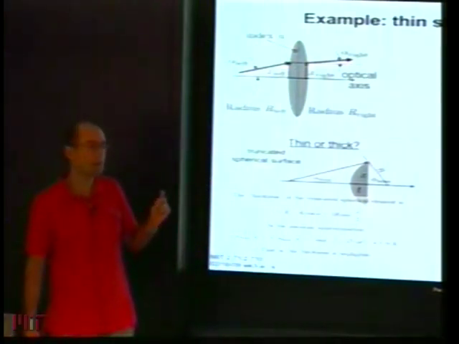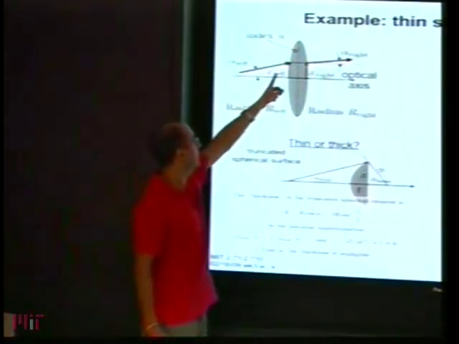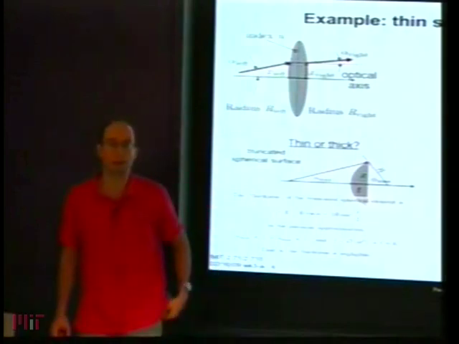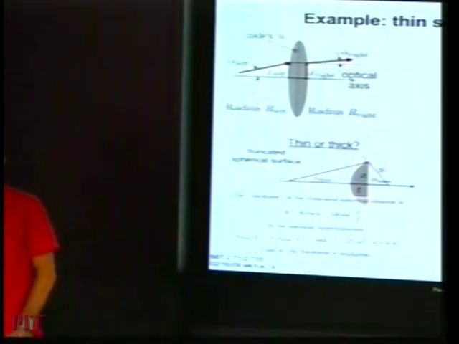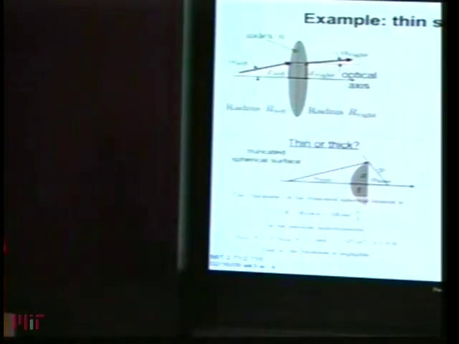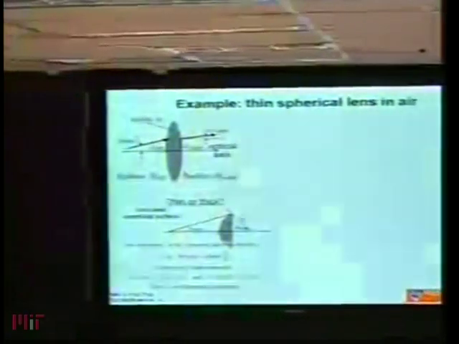So basically I have a system where the ray arrives, is bent in one step, and then propagates outwards at a different angle. In order to analyze the system, I will break it into 2 components. One of them is the curved surface on the left-hand side, and the second is the curved surface on the right-hand side.